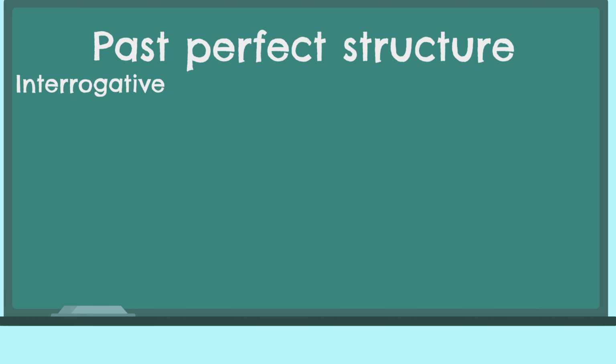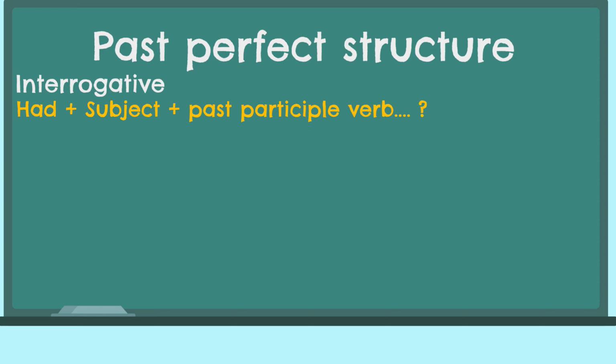Now, let's look at the structure of an interrogative sentence in the past perfect tense. Had plus the subject plus the past participle verb plus the rest of the question. For a negative interrogative sentence in the past perfect, the structure is as follows.